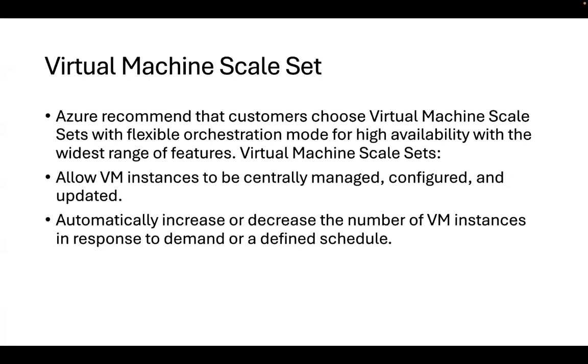So Azure actually recommends its customers use the virtual machine scale set. If you want high availability, they suggest you use the virtual machine scale set instead of creating individual VMs and putting them in an availability set. They suggest using VMSS. VMSS by default uses fault domain and update domain in the background, so there will be high availability for this.